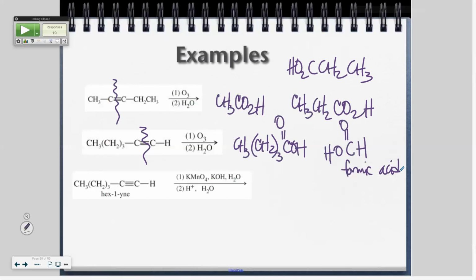Okay, now how about this one? This one is the other set of reagents. The KMnO4 in base, followed by H plus and H2O. Okay, so what do we get? What are we going to get?